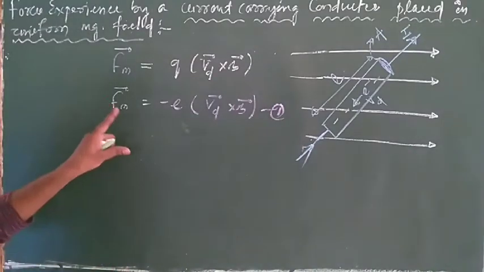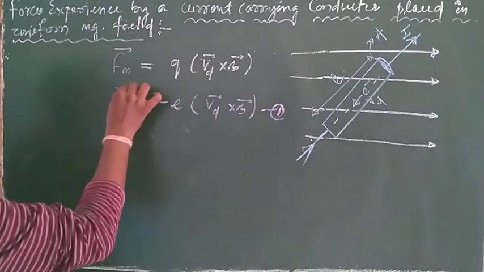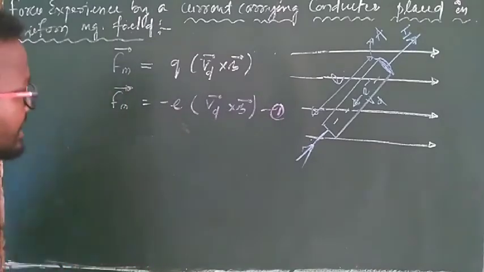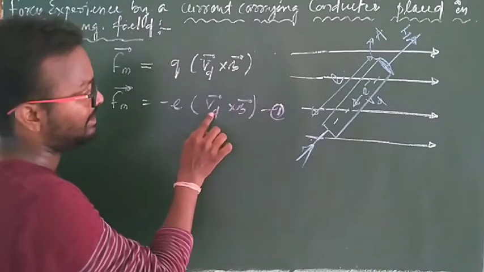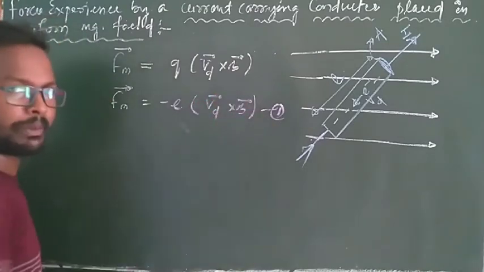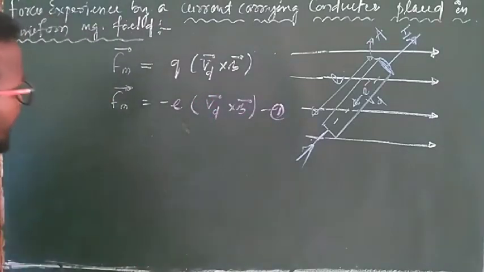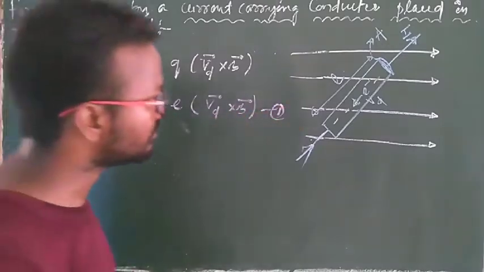Clear? And the direction of this magnetic force is perpendicular to the plane containing the V vector and B vector. Or you can find the direction of Fm from here.